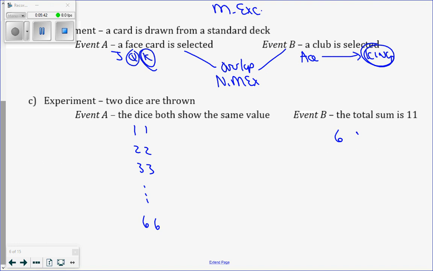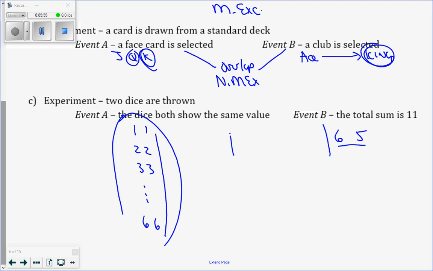A 6 and a 5. Is there any overlap between those two outcomes? No, right? Because these are all the same numbers. These are different numbers. So there's no overlap. So this is mutually exclusive.